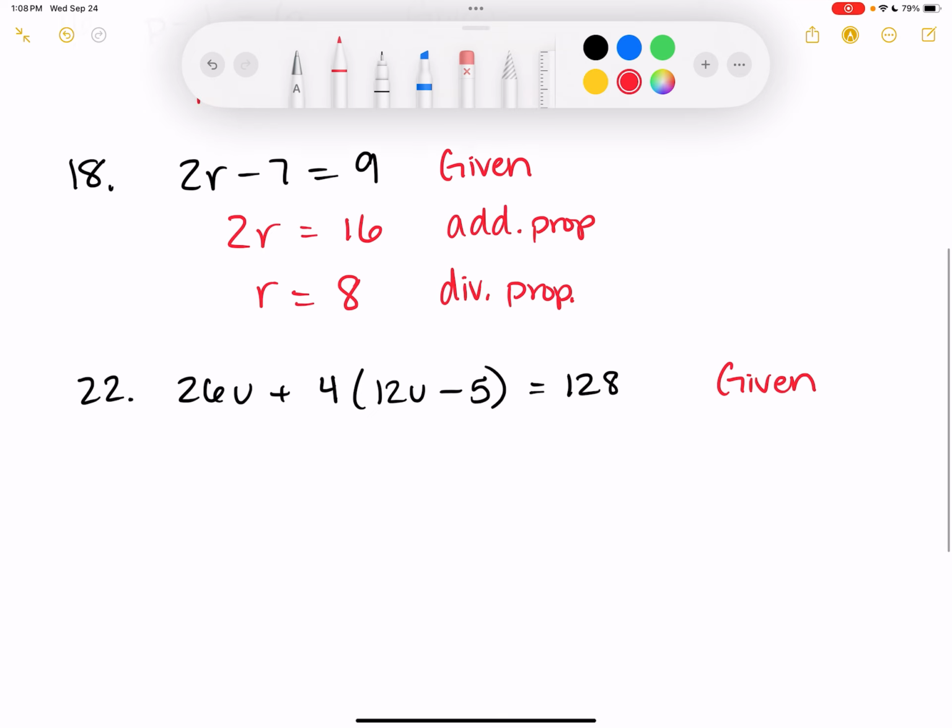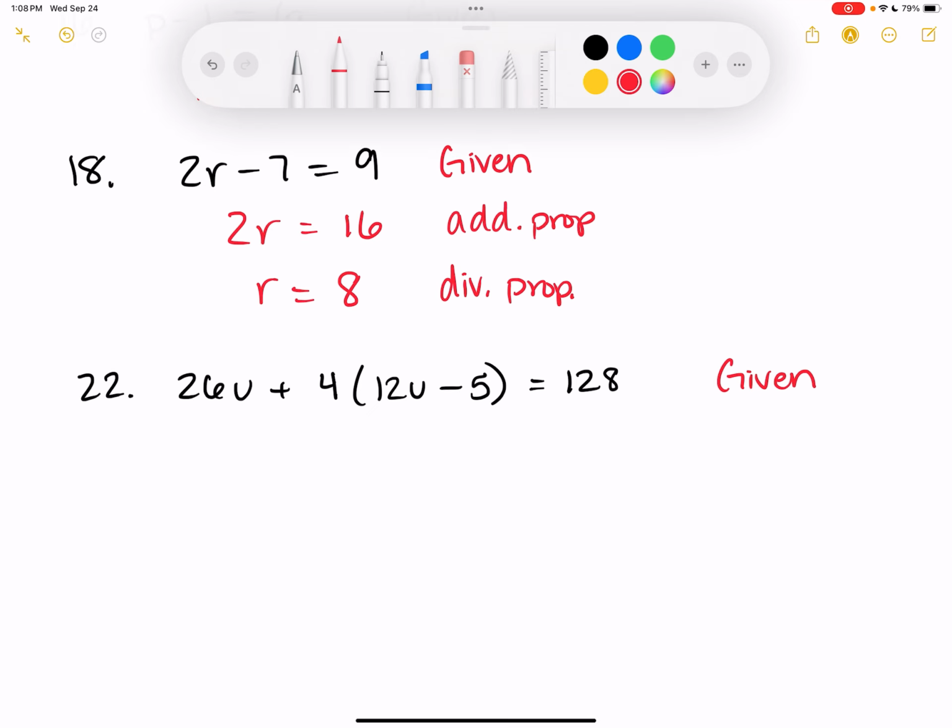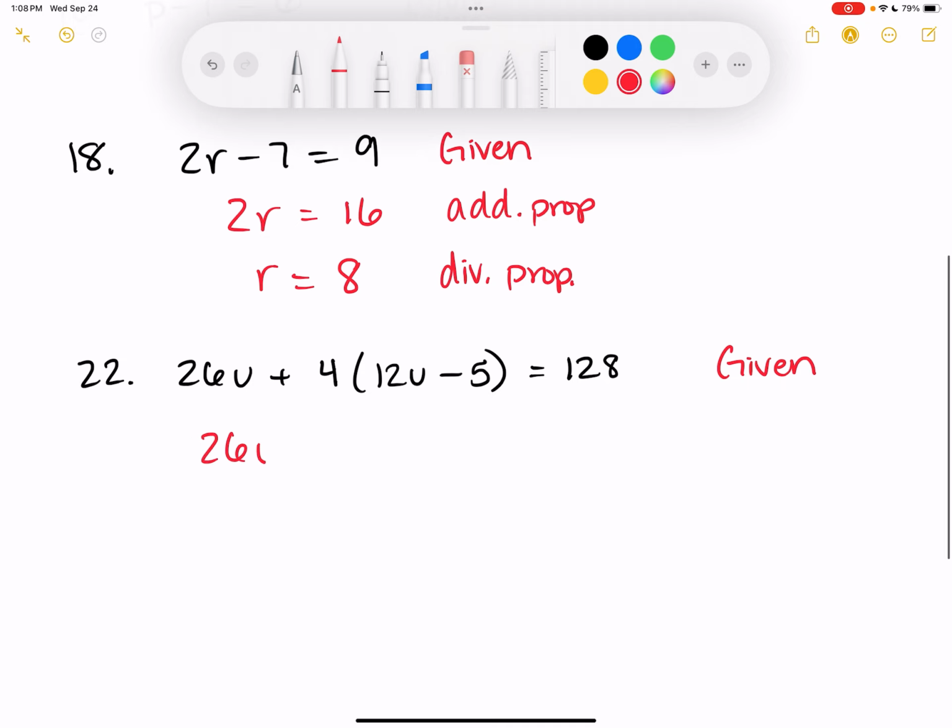All right, so after that, what would be the next thing that I need to do to start solving this equation? Distributive. Yep, distribute for the parentheses. So I would have 26u plus 48u minus 20 equals 128. And so that would be the distributive property.